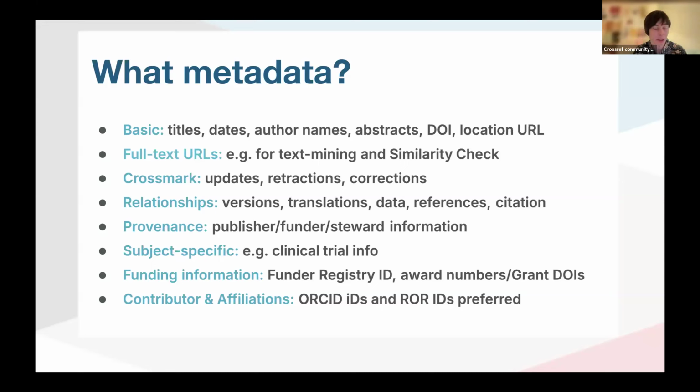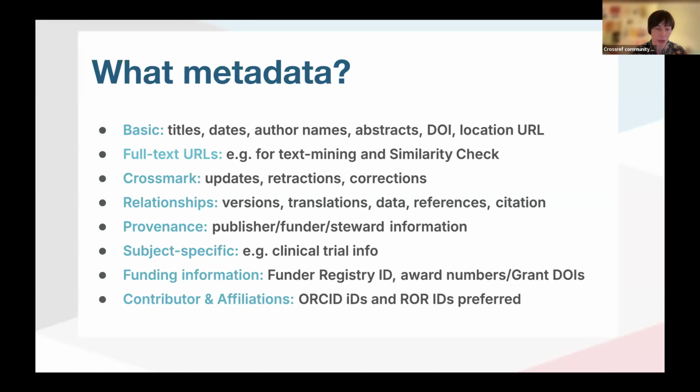You can definitely, and we encourage that more and more, register relationships, things like versions, translations, data, references, and citations. This really helps to provide additional context for the works that you're registering and place them better within the research nexus, which I'll talk about in a minute as well.